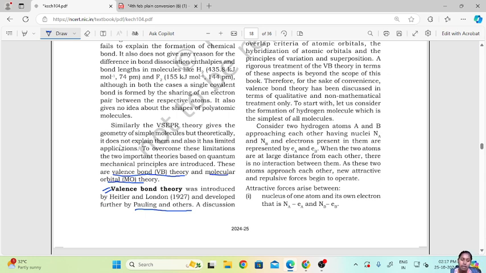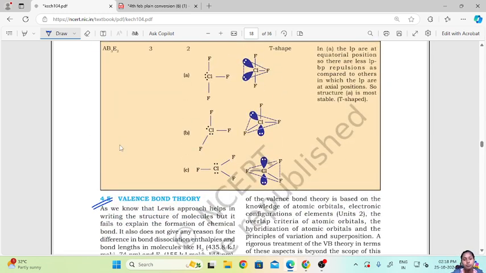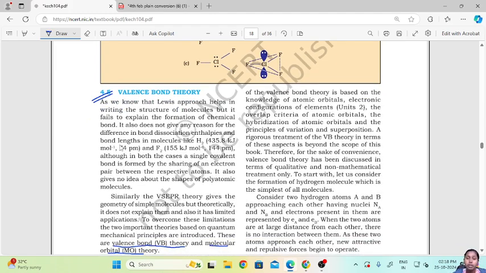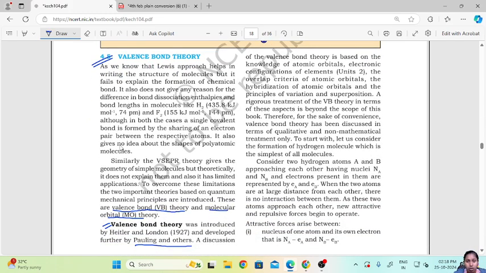A discussion of valence bond theory is based on the knowledge of atomic orbitals, electronic configuration of elements, the overlap criteria of atomic orbitals, the hybridization of atomic orbitals, and the principles of variation and superposition.